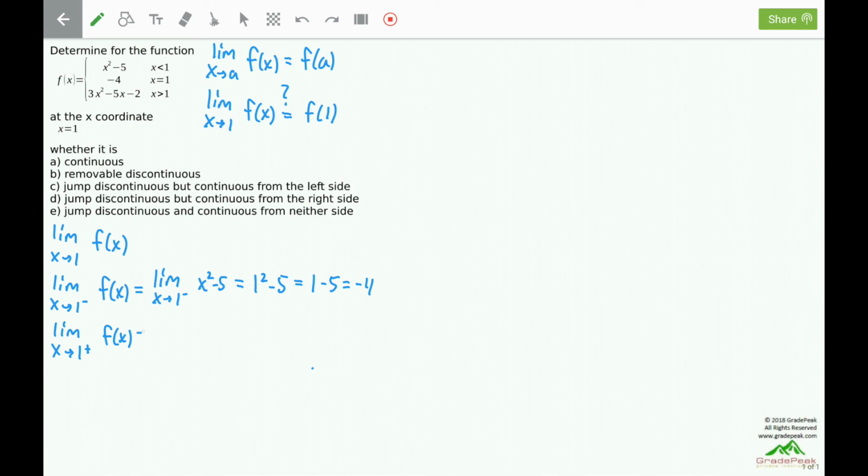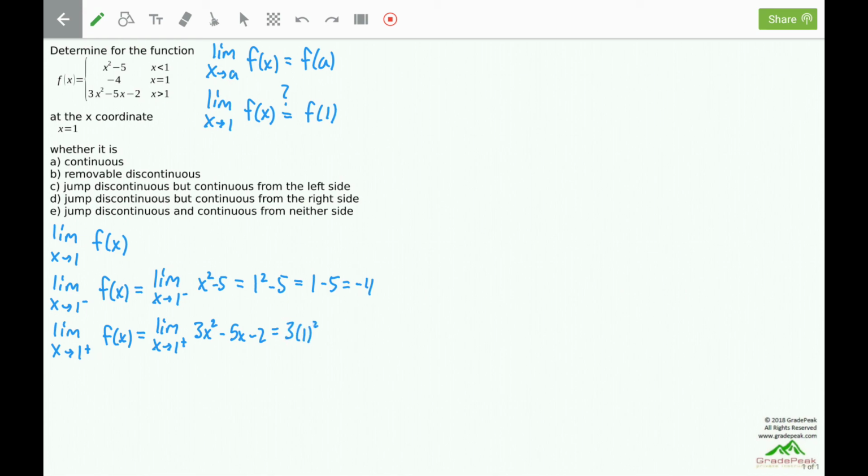Now we can work out the right-sided limit. The right side of 1 on the number line means greater than 1. Up here at the split expression function, that means we will use that for the expression. So we can replace f of x with 3x squared minus 5x minus 2. The next thing to do is try plugging a 1 in for each of the x's.